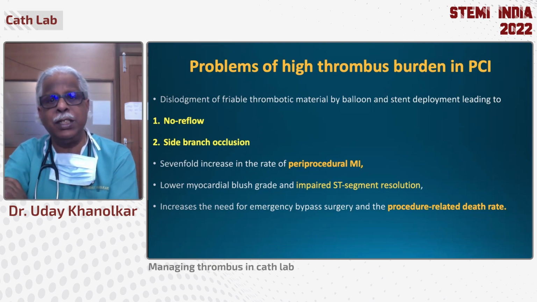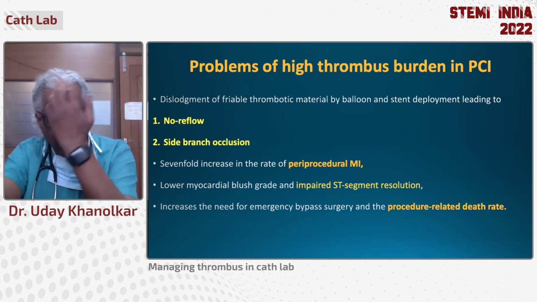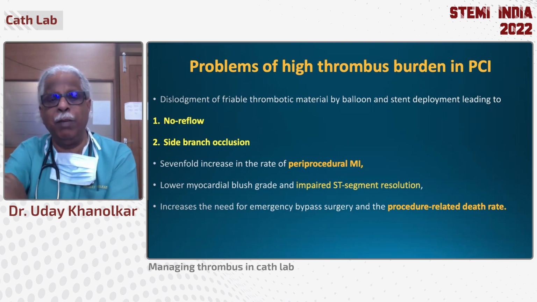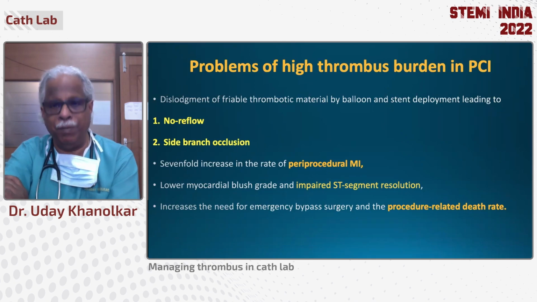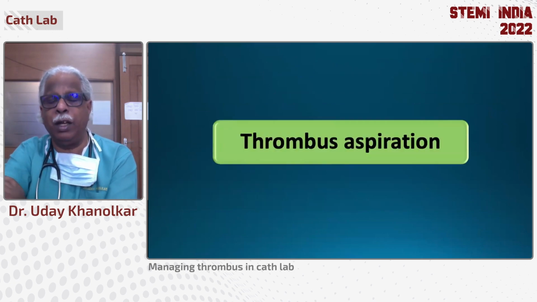This increases the peri-procedural MI multiple times in the given patient, and in the case of MI, after the procedure, even the ST segment resolution may be impaired, and the STs may remain elevated for a significant length of time. It could also give rise to procedure-related death. That's why we have to be very careful.